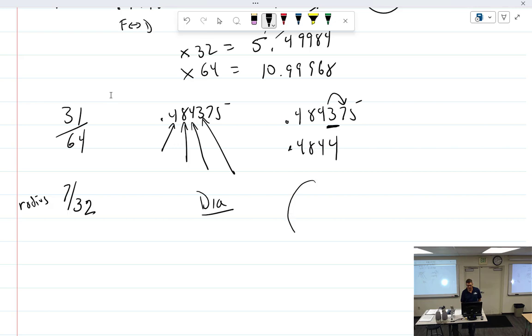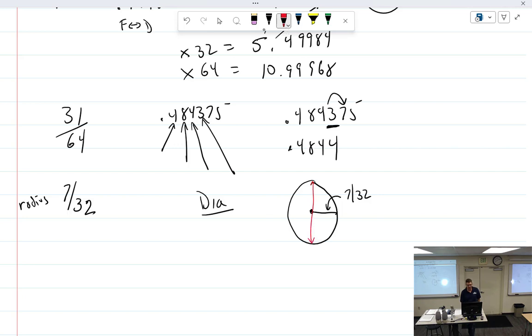So if we look at a drawing of it, the radius right there is 7/32, and they want to know what the diameter is. 7/16.